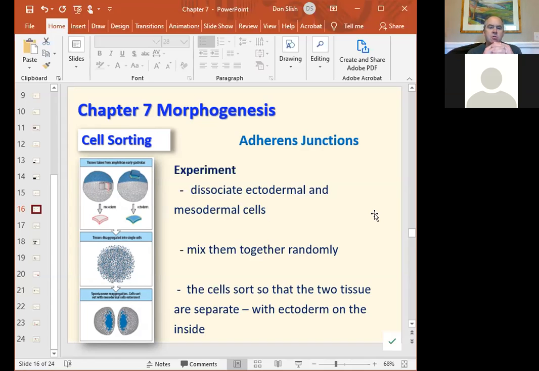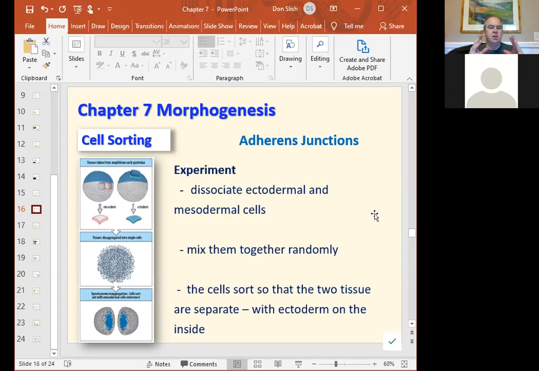What they did was take these two different tissues, disperse them into individual cells, put them back together and find out what happens. The mesodermal cells sort themselves until they end up touching each other and locking in, and the ectodermal cells do the same.